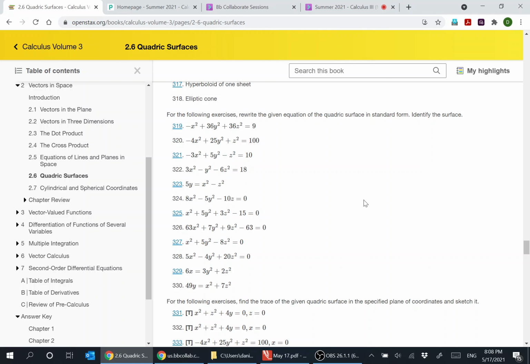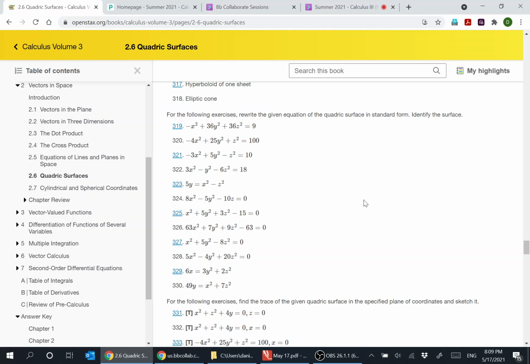Okay, for the following exercises, rewrite the given equation of the quadratic surface in the standard form and identify the surface. More so, what I wanted you to do is just to draw the surface, sketch the surface. And this is what I'm going to be asking you about on the exam.